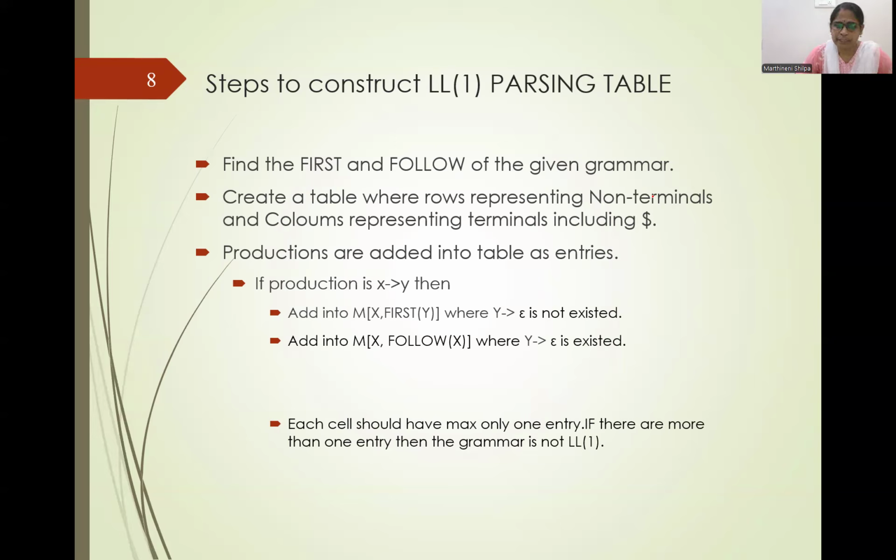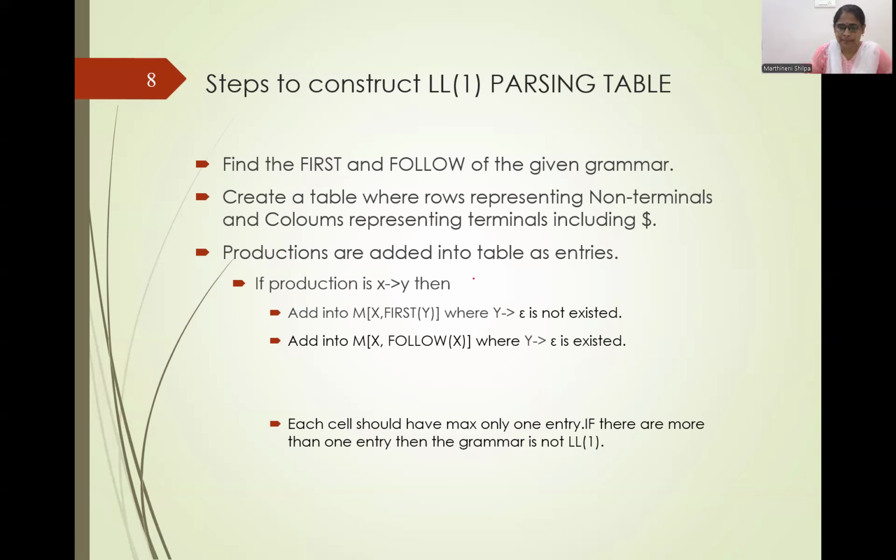If a production is in the form X deriving Y, and that Y is not epsilon, then we should make that entry into the table in row X and column first of Y.